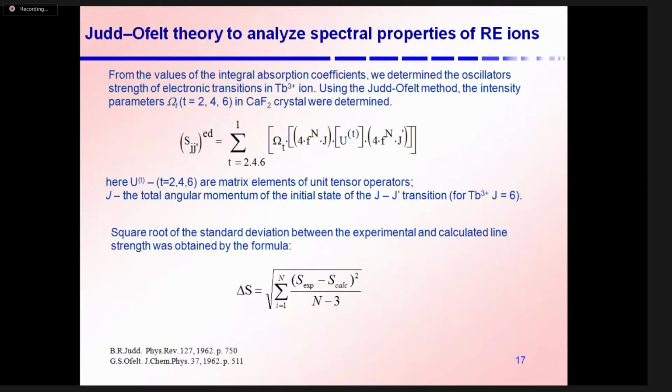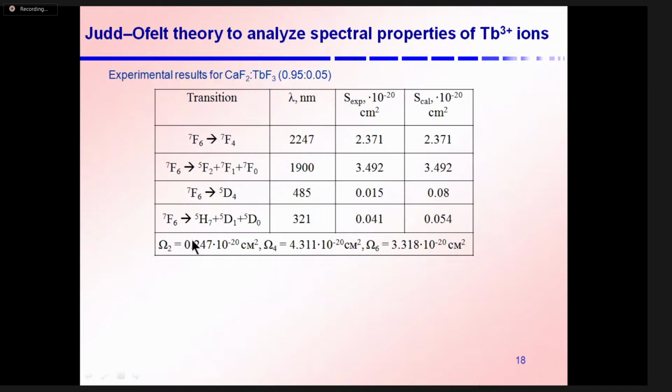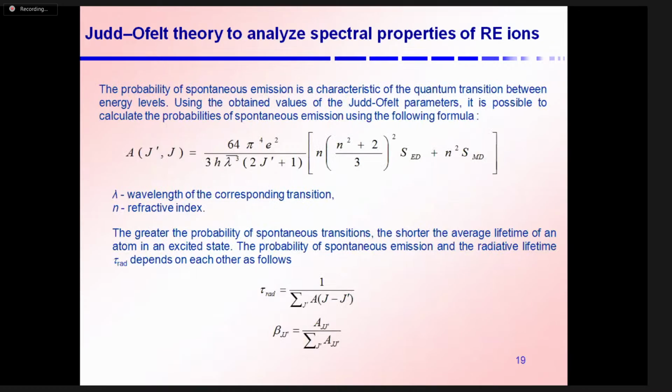We calculated the line strengths, compared the strength of separate lines with the theoretical lines, and estimated the Judd-Ofelt parameters that were found to fit well with other published data that I found in other fluoride materials. And it was possible for us to estimate the probability of the transitions and to get the spectral parameters for the emission spectra.